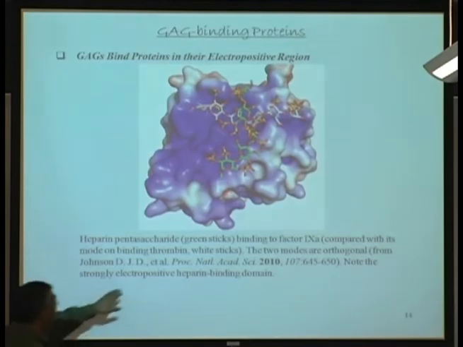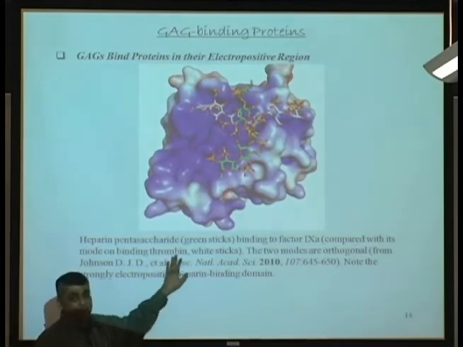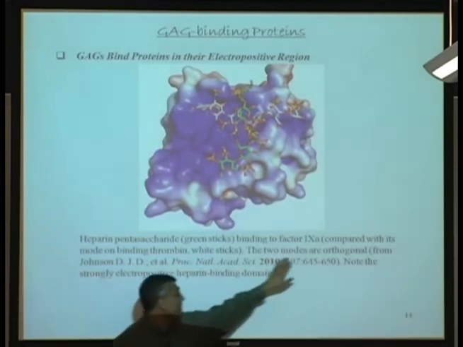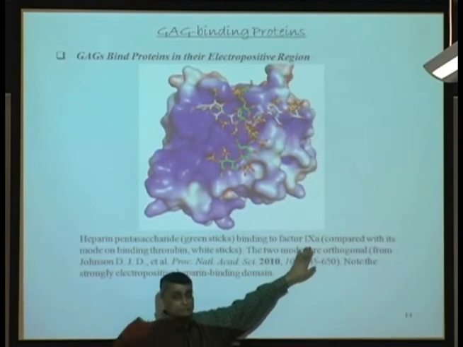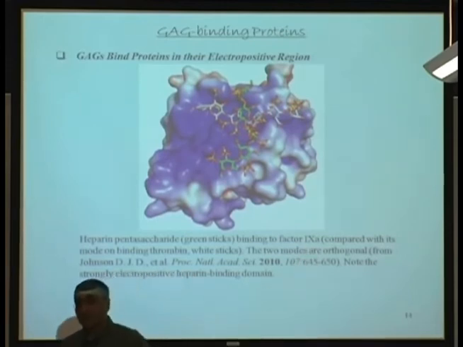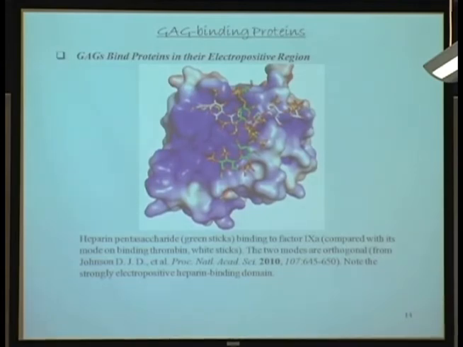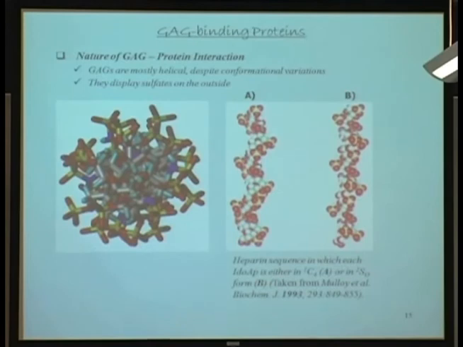Thrombin is known to be non-specific. Factor 9A, at the present time, people think should be non-specific. Yet the orientation is completely different. Can I go forward? I think it's a simple point, so hopefully we should be done in 10 minutes.